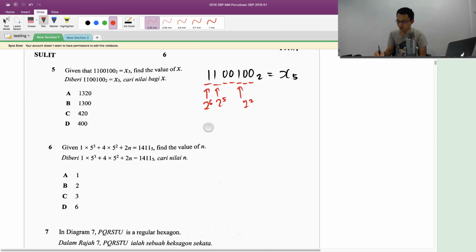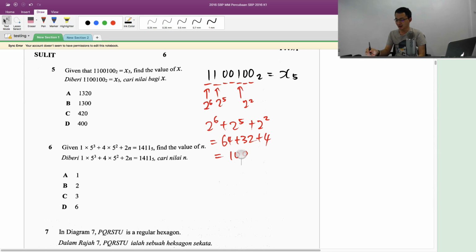So I will have 1 times 2 power of 6 plus 1 times 2 power of 5 plus 1 times 2 power of 2. If you know 1 multiplied by everything is itself, you can straight away write this as well. Then use the calculator. This should be 64 plus 32 plus 4, and then you should get 100.